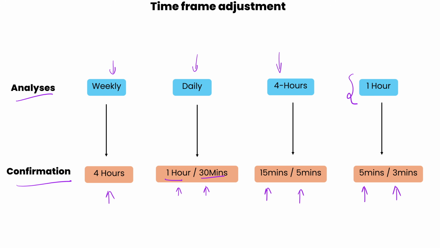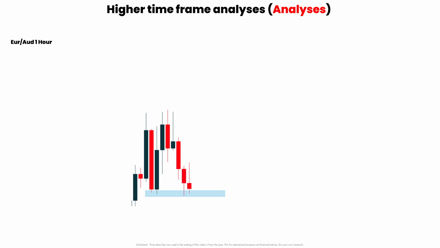So right now, if we look closely here, this is the higher time frame analysis. It will look something like this. You have to see this candlestick and then a sharp move to the upside here. You don't have to see any bearish candlestick when the market is moving to the upside. So for instance, we have to see something like this.